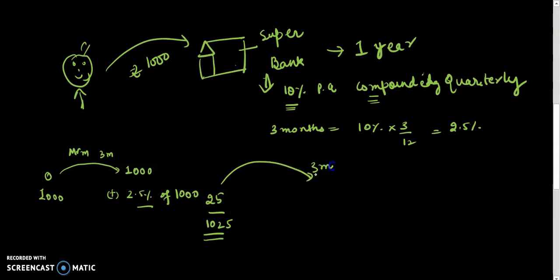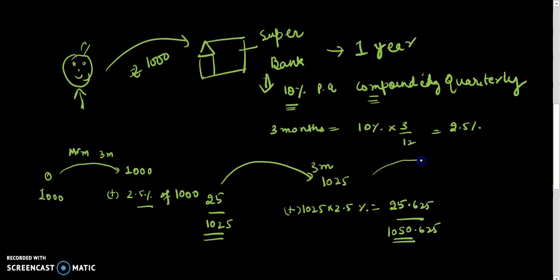And after 3 months, again Mr. John will earn interest not on 1000 but 1025, 2.5%, which is 25.625, and the total amount at the end of the 6 months is 1050.625.